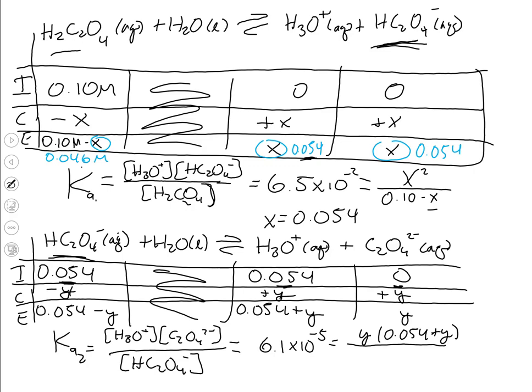And on the bottom, we're going to have the 0.054 minus y. Now you can do quadratic, certainly, but at this point in time, our Ka value is small enough we can get away with making the assumption that our variable y is going to be small, and we'll end up with less than 5% ionization. So if we assume that y is small, then what variables are we ignoring here?